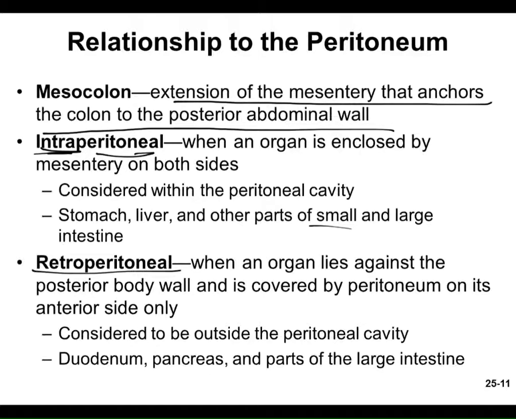Now, when you hear the word retroperitoneal, you usually think of the kidneys. They are, in fact, retroperitoneal. The bladder is retroperitoneal. But when it comes to the digestive system, there is a portion of the duodenum, a portion of the pancreas, and a portion of the large intestine, which is actually considered to be outside of the peritoneal cavity. So it is therefore, at least in part, retroperitoneal.